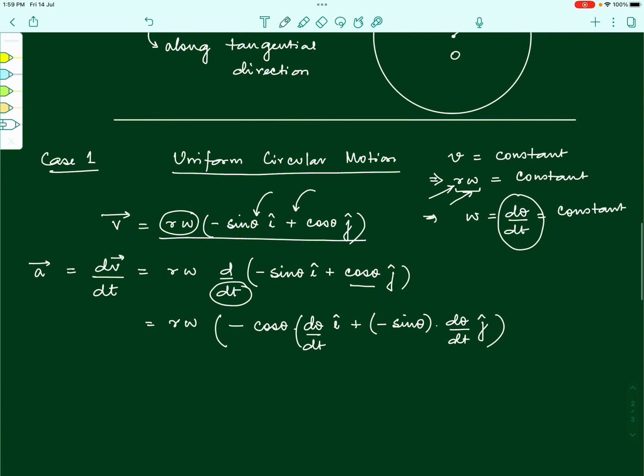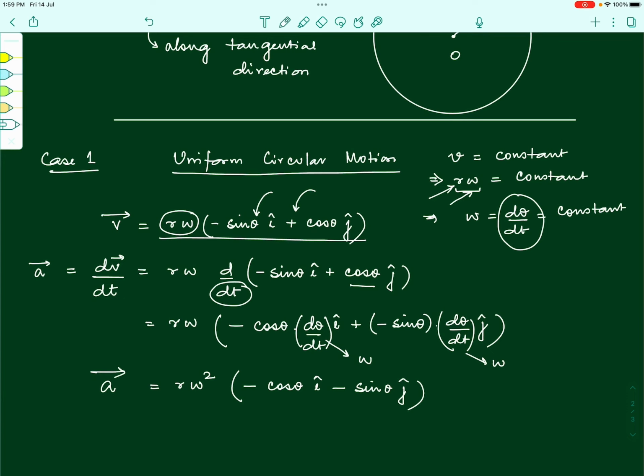Once again, see that we are getting extra terms of d theta by dt, both of which are omega. We can take this omega common out of the expression, so that we get r omega squared into minus cos theta i cap minus sin theta j cap.